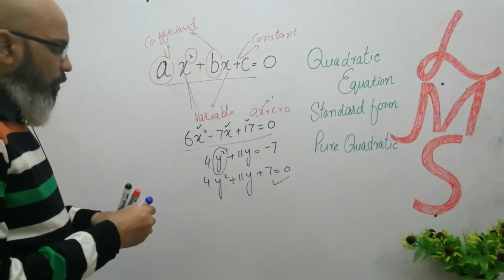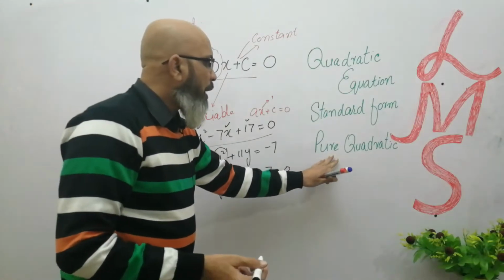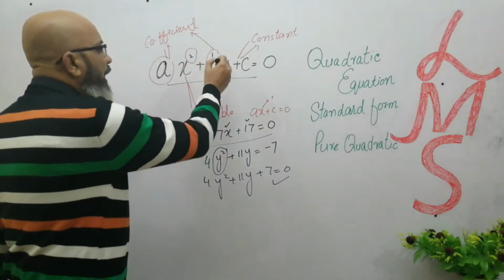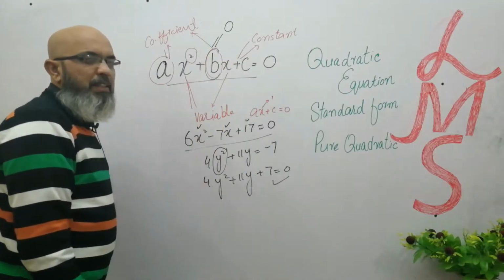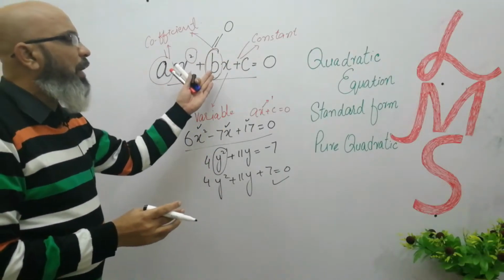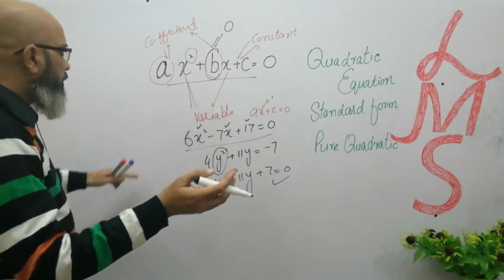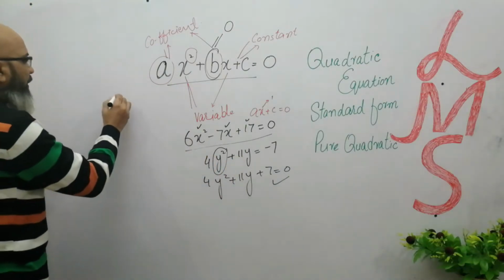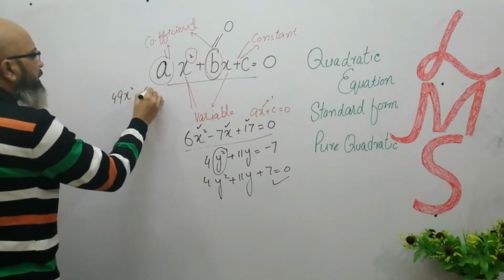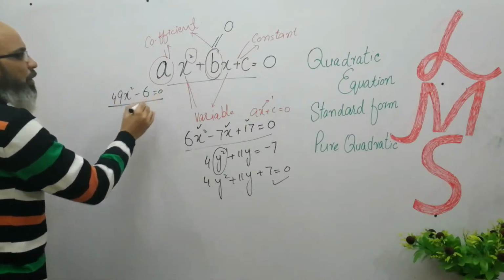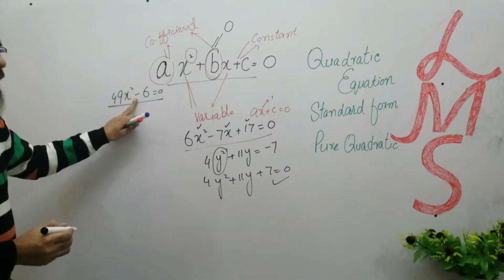So now next one is, what is pure quadratic equation? A pure quadratic equation is called if the value of b is equal to 0. If the value of b is equal to 0 means there is no x term, except only x square. You can understand by a simple example. If I write 49x square minus 6 is equal to 0, that is your pure quadratic form because we don't have the x variable.